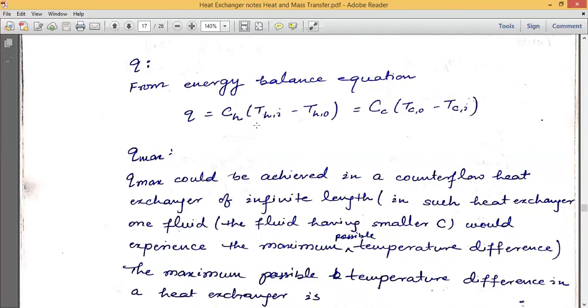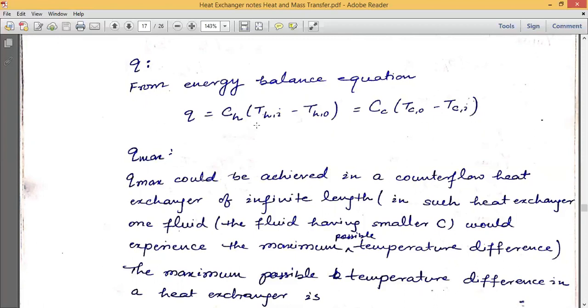Suppose we increase the heat transfer surface area to infinity, in that case the maximum heat transfer will take place. The hot fluid will lose the maximum heat and the cold fluid will gain an equal amount of heat.